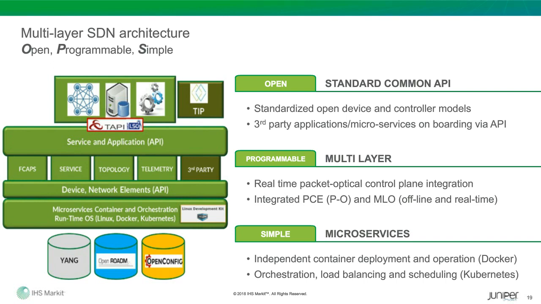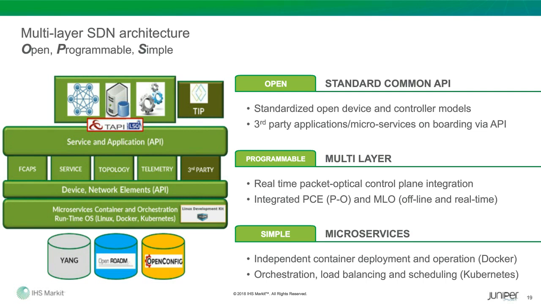Some of the key attributes, of course, are a standard common API for device and controller model, and the capability to onboard, via the same API, third-party applications or microservices. Programmability in multi-layer via real-time integration of the packet and optical control plane, and integration of path computation elements, packet and optical, and orchestration via a multi-layer optimization tool, both offline and real-time.